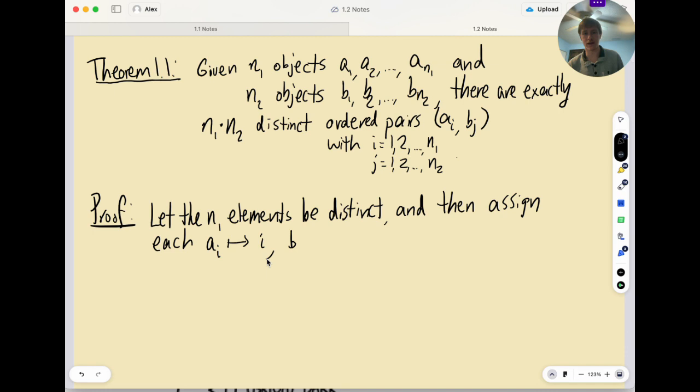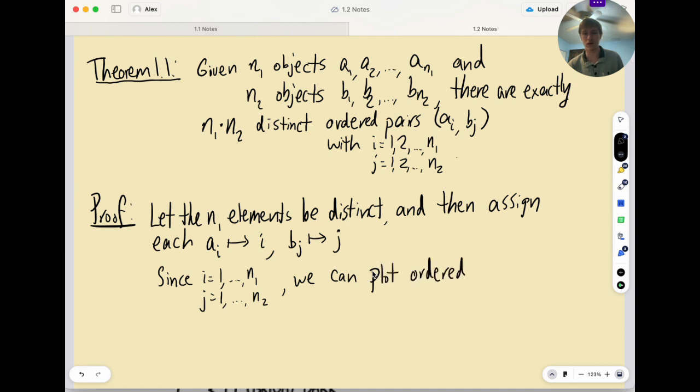Okay, and of course, b sub j is just going to be paired up with j. This is really a bijection if you're familiar with group theory, but nonetheless, since i ranges from 1 all the way up to n1, and j ranges from 1 all the way up to n2, and these are numbers, we can plot all the ordered pairs, right?